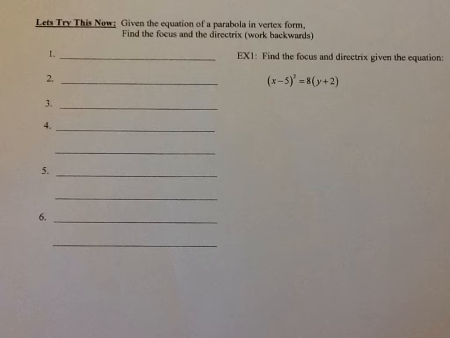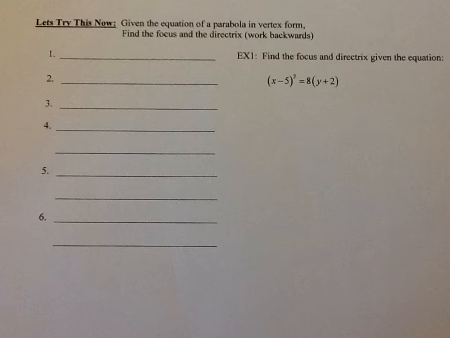Okay, so let's take a look at this. It says, given the equation of a parabola, that's this right here, that is in vertex form, find the focus and the directrix. So we are actually working backwards. All right, so it says find the focus and directrix of the given equation.